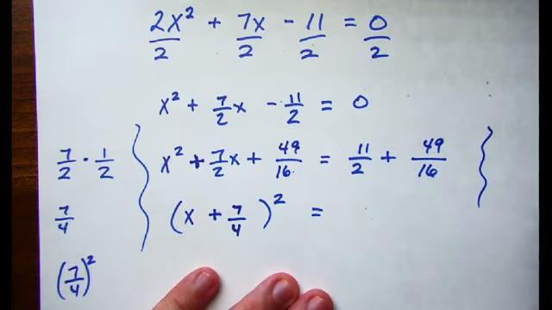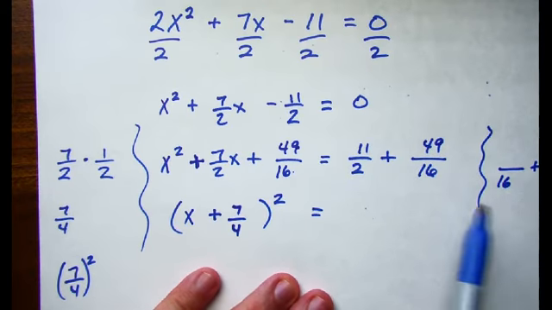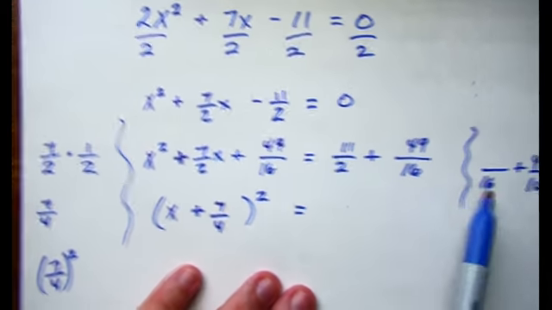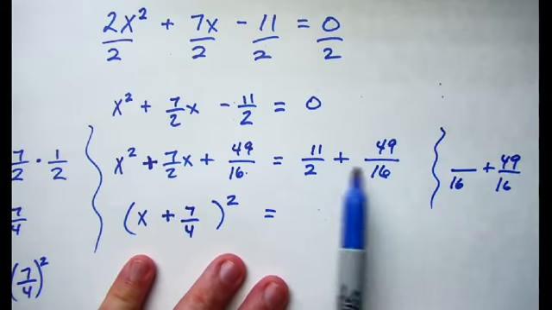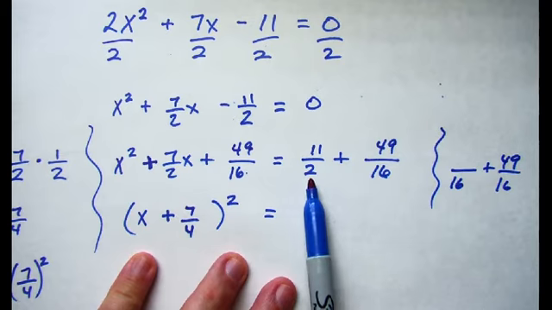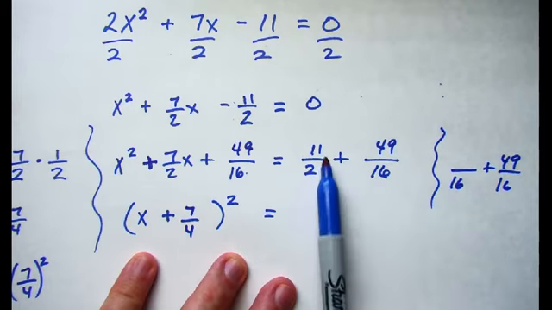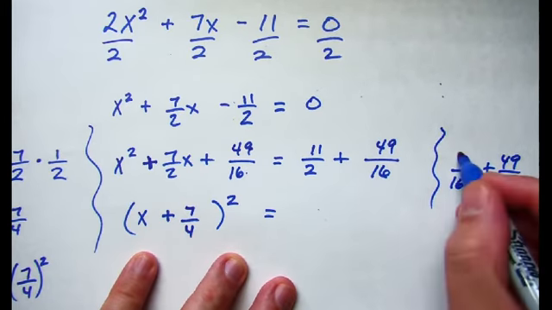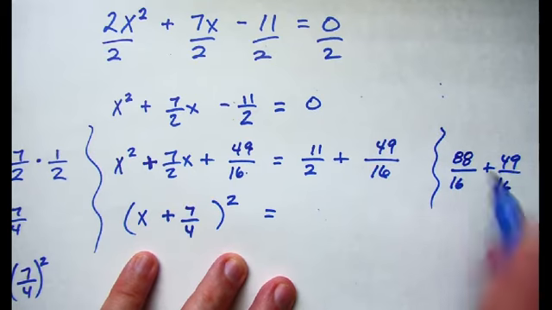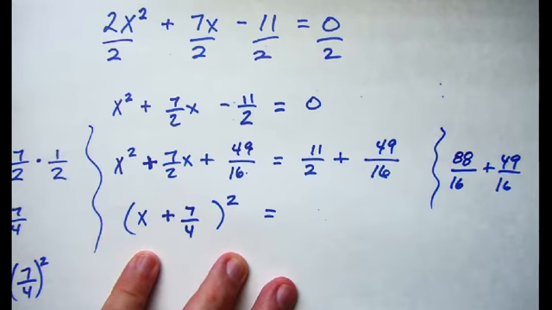So in that case, we need a common denominator, which would be 16. So the second one is not going to change here. And like I'd said earlier, it's a good idea to maybe start using a calculator to help with the fractions at this point. Now to go from 2 to 16, I'm multiplying by 8. So I'm going to multiply that one by 8. So that's going to be 88 sixteenths there.